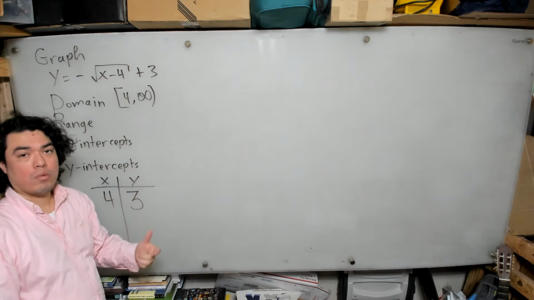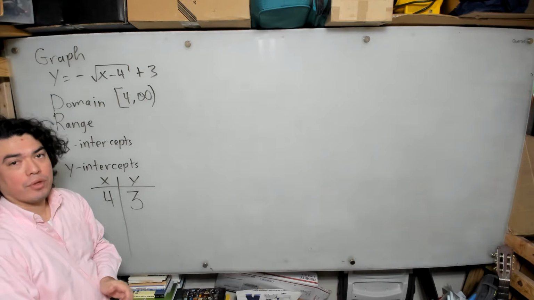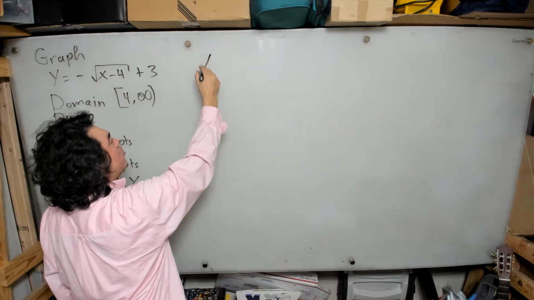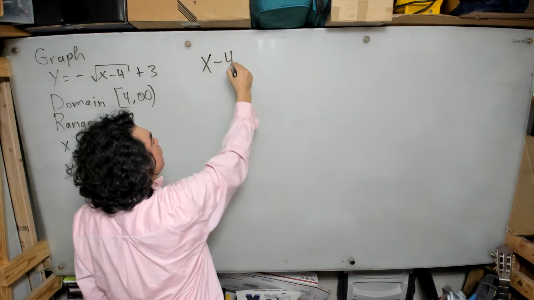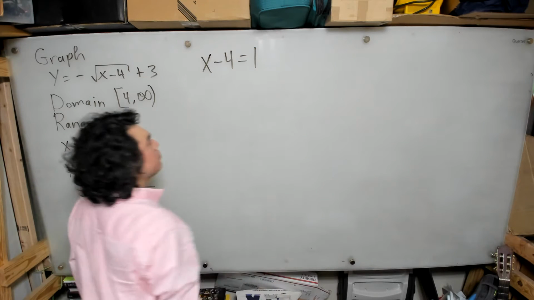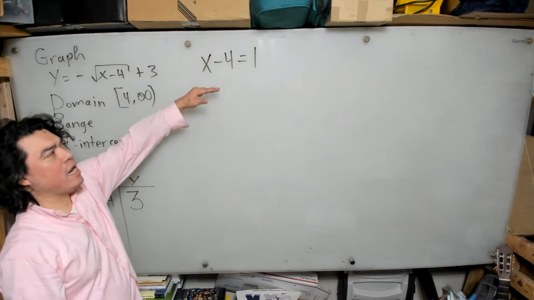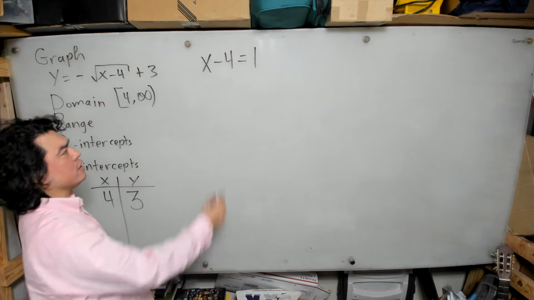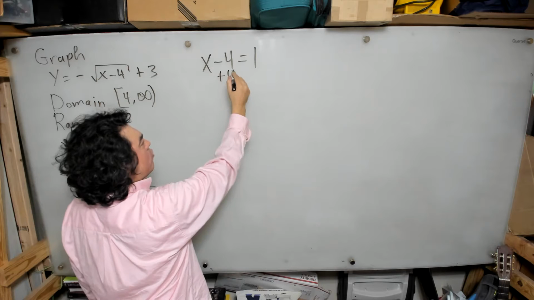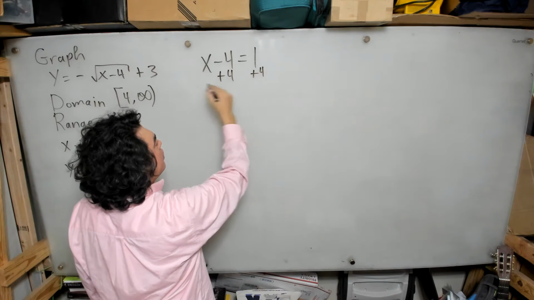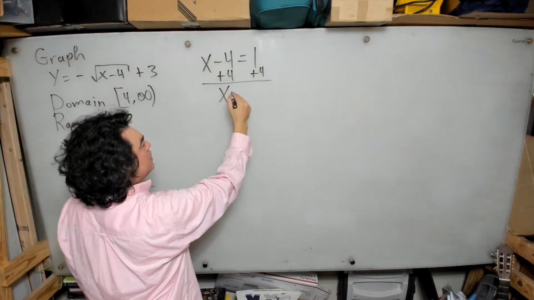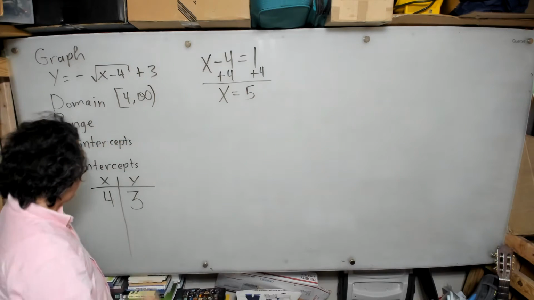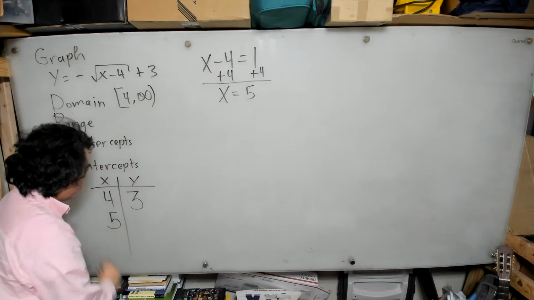What is the next perfect square after 0? 1. So I'm going to set my inside equal to 1: x minus 4 equals 1. I can solve that for x by adding 4 to both sides, and I get that x is equal to 5. Aha! Now I have my next x value.